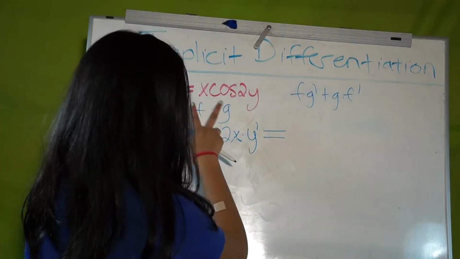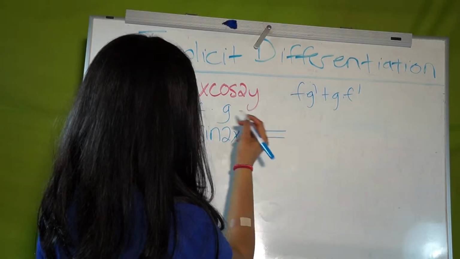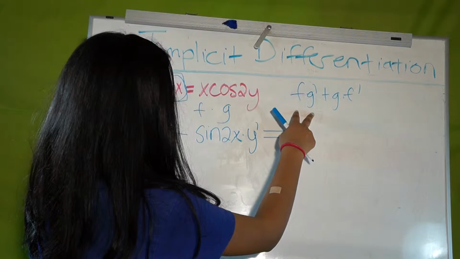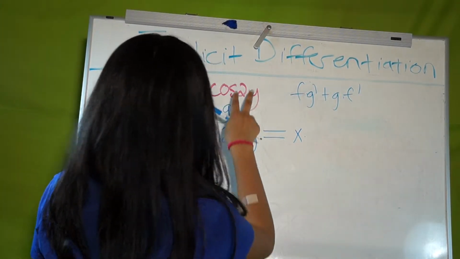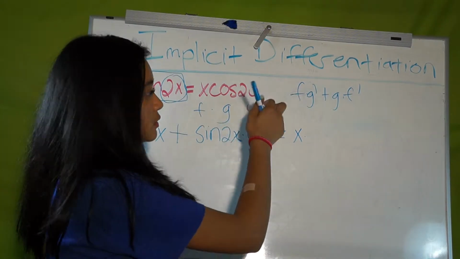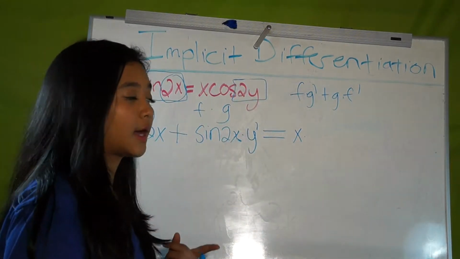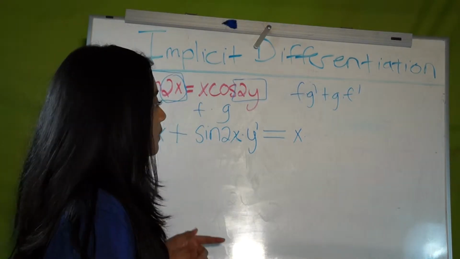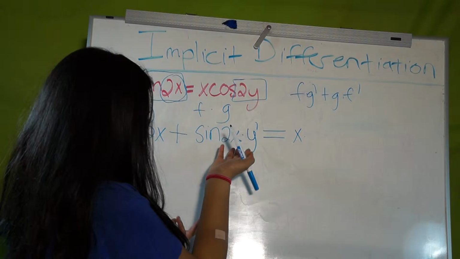Now we have two terms again, so we're going to differentiate: x times what's on the inside, which is just 2 times y prime, because when you differentiate y, in this case, it'll be y prime, like this one.